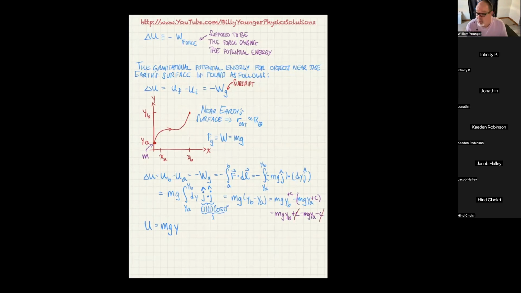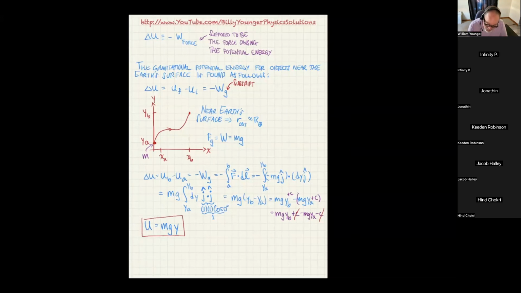So right now, that's plenty of reason for you to understand that we can put the 0 of the coordinate system arbitrarily anywhere. We'll see another equation later that tells us the same thing, but that's the main thing. Now we have an actual equation for the potential energy, and it's that.